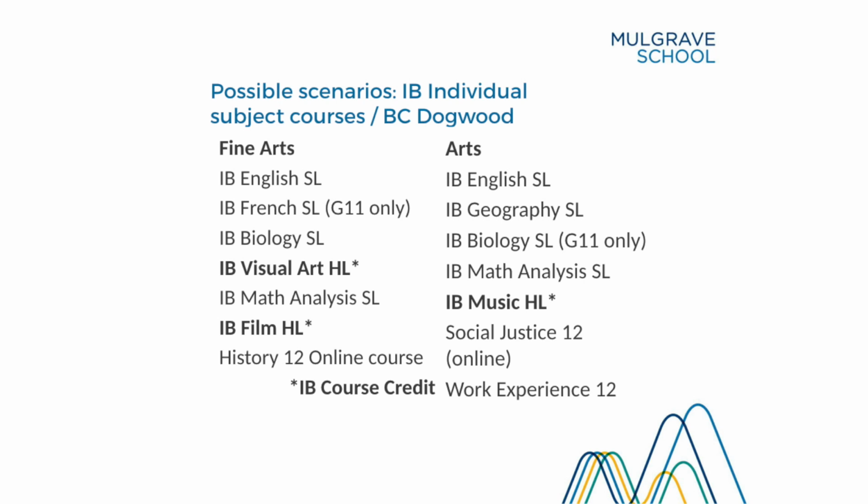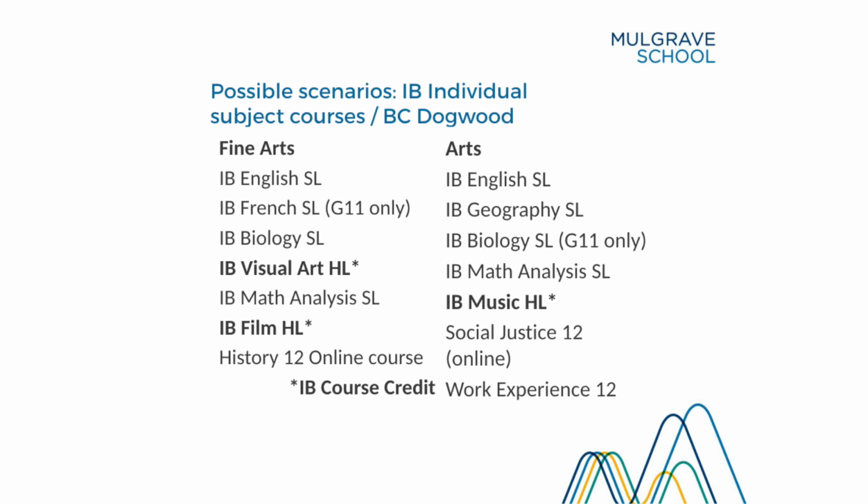Another student who went into a liberal arts education decided to do IB Music HL as their only IB course for credit, and then did a variety of other courses: English, geography, biology and math analysis. All those were done at Mulgrave.